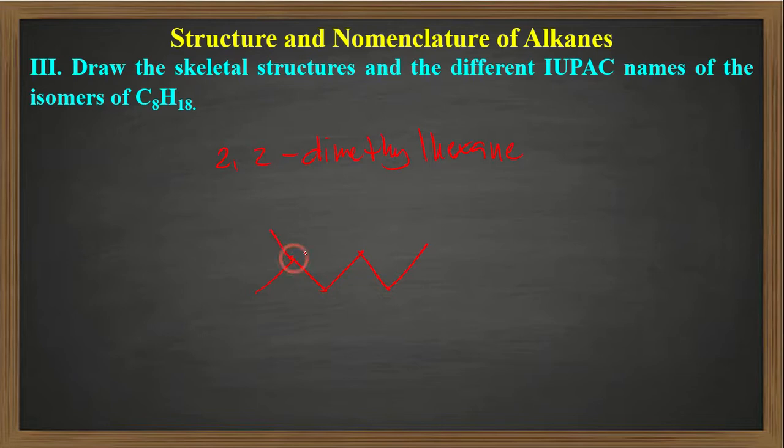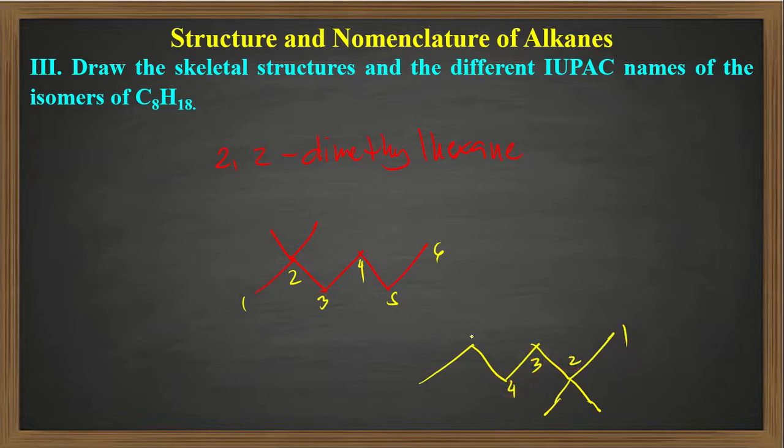So we have two methyls there. This is the numbering: 1, 2, 3, 4, 5, 6. They are the same, even with these structures. 1, 2, 3, 4, 5, 6. Still, the name is 2,2-dimethyl hexane. We have two methyls on carbon number 2.